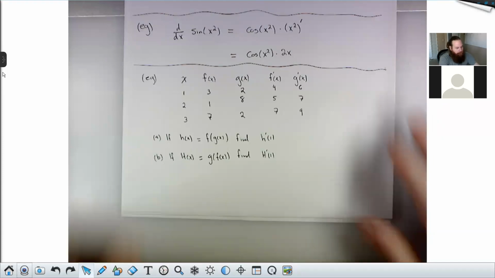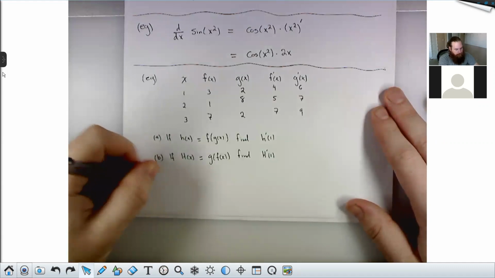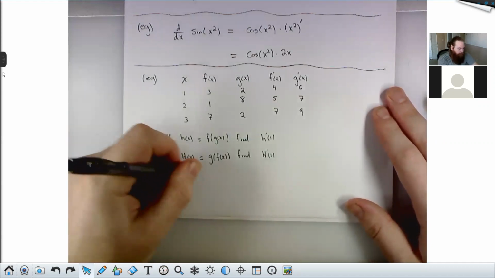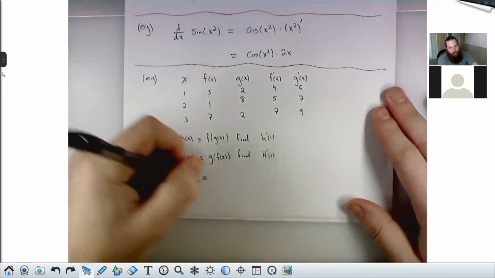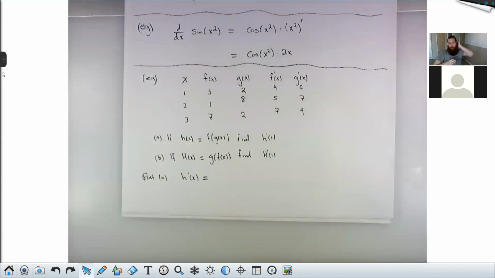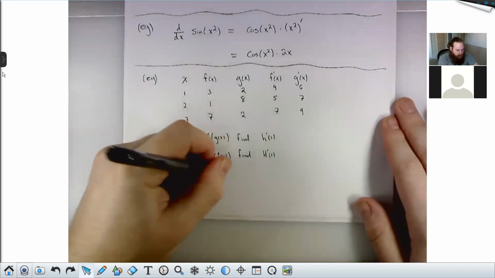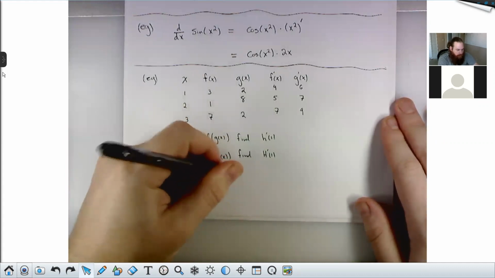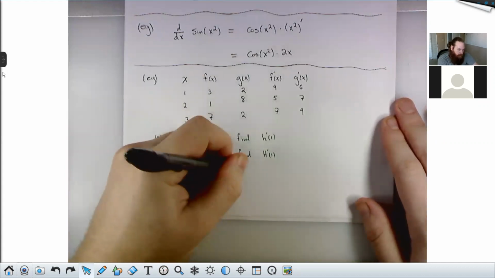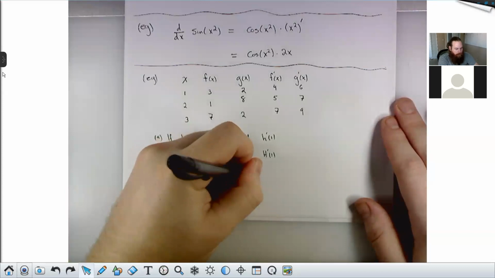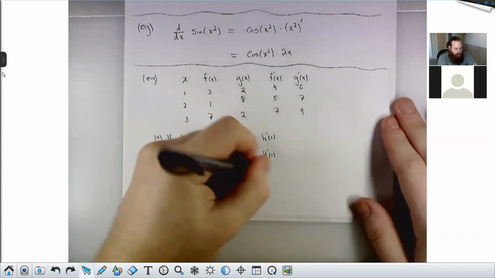So for part A, how would I find little h primed? I'm definitely not going to get a formula for it, but I know that h is f of g. So this is f of g of x, primed. And then by the chain rule, I know how to differentiate a composite.